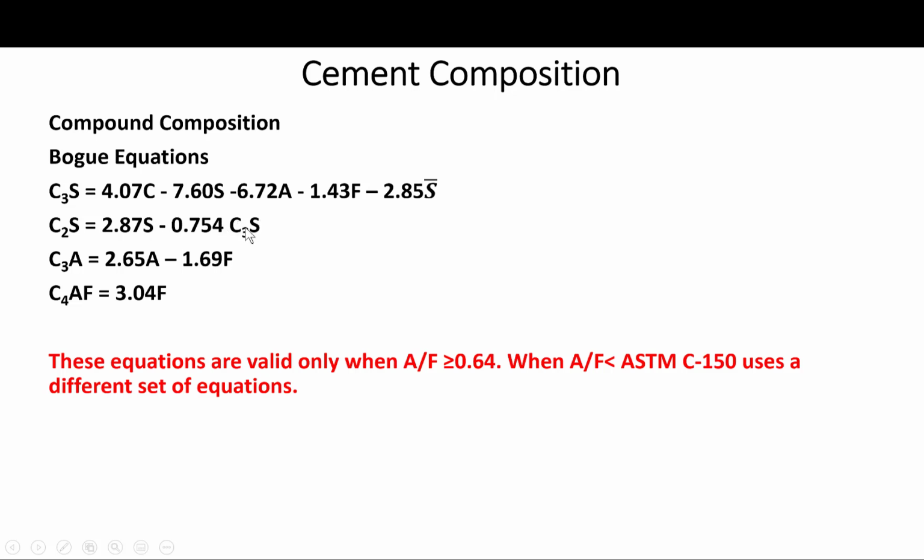Again, you require this, which is calculated here, and again the silicon dioxide, C₃A, the alumina and the ferric oxide, the C₄AF in terms of the ferric oxide. And again, these equations are valid only when the ratio between A and F is above 0.64. When the ratio is less, ASTM C150 uses a different set of equations. Okay, remember that. You need to refer to ASTM C150.